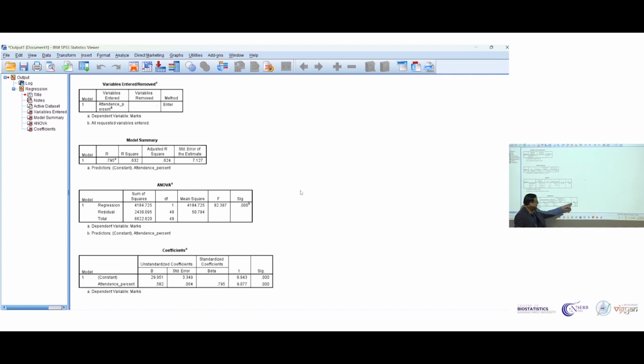Here is the significant value by t-test. This is t value. So your slope and intercept both are statistically significant. So it is a matter of writing in the literature. That's all.